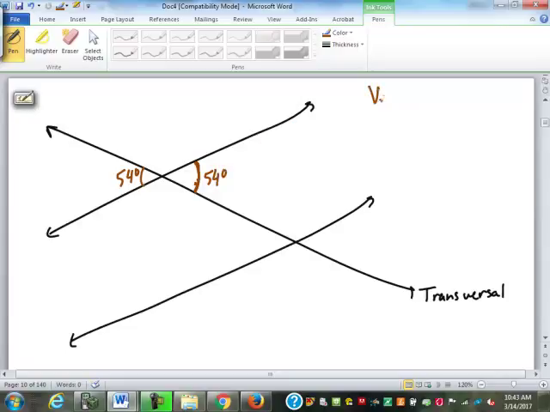That is what we refer to as vertical angles. They are formed by intersecting lines. When two lines intersect, all the angles formed are either equal or supplements. So that would imply that this angle would have to be a supplement, right? 180 minus 54 is going to give us 126 degrees there.